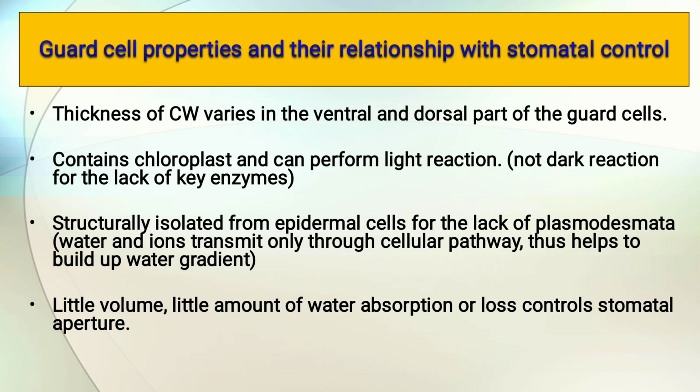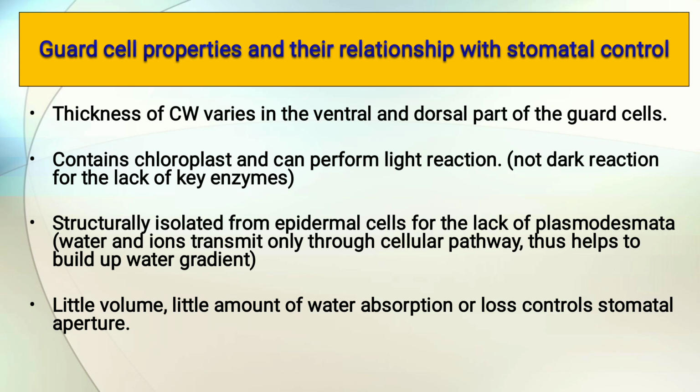Then guard cell properties and their relationship with stomatal control. Now we are discussing this concept. The thickness of the cell wall varies in the ventral and dorsal parts of the guard cells. They contain chloroplasts and can perform the light reaction, not the dark reaction, for the lack of key enzymes.